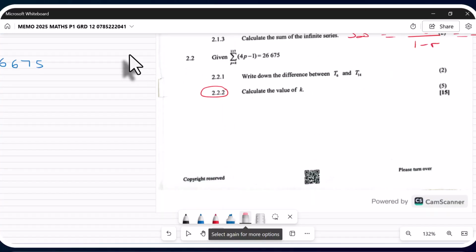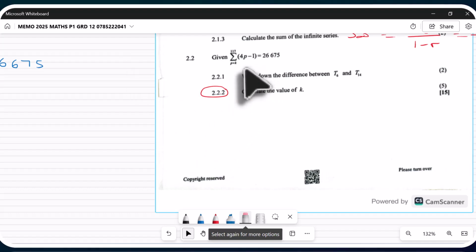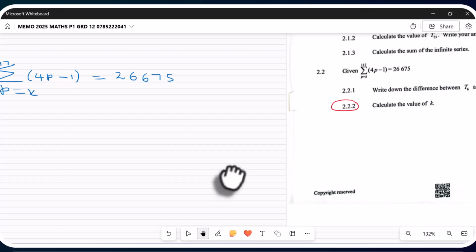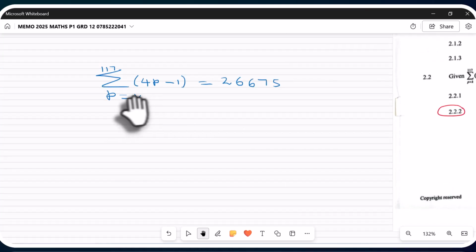I repeat, I'm going to get the sum of all the numbers from p equals 1 until 117 of this 4p minus 1. After getting that total, I'm going to say that total minus 26675. Then with the remaining answer, I'm going to get the number of terms by using the summation formula. Those number of terms will help me to get my k here.